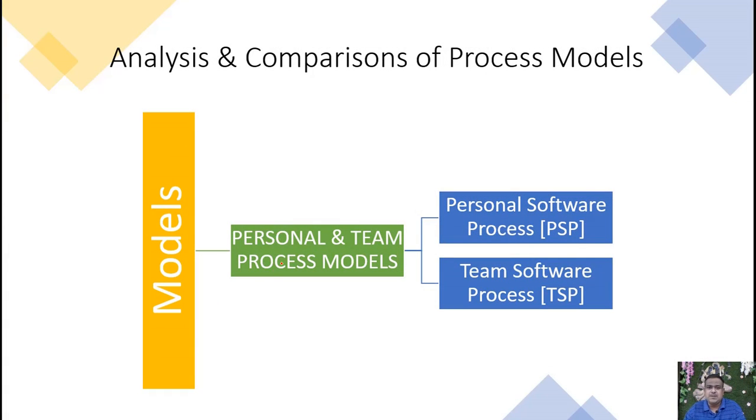Next is the next model, belonging to the personal and team process models. So I think these are the last models of discussion: PSP and TSP. There are two types: personal software process and team software process.